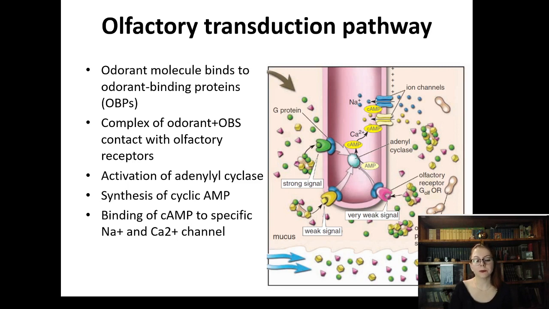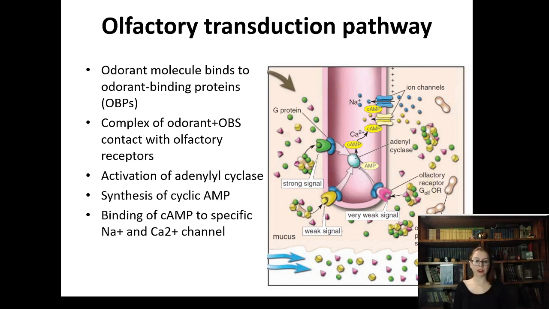They activate the enzyme adenylyl cyclase, and this enzyme stimulates the synthesis of cyclic AMP, cyclic adenosine monophosphate, and this cAMP acts on sodium-calcium channels, resulting in their opening, depolarization, discharge of neurotransmitter, and the nerve impulse generation. So this is in brief how it works.